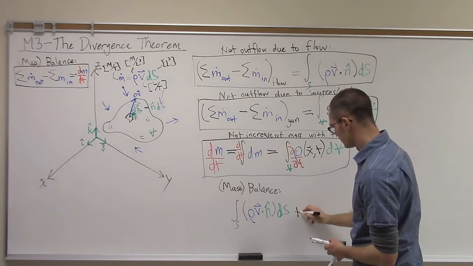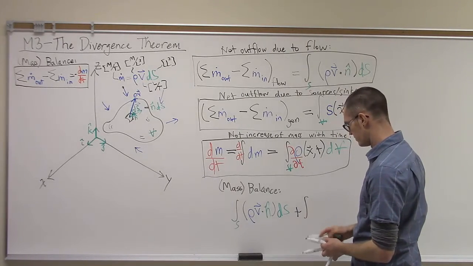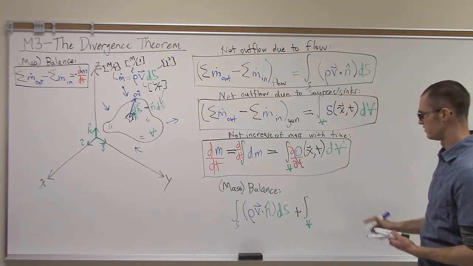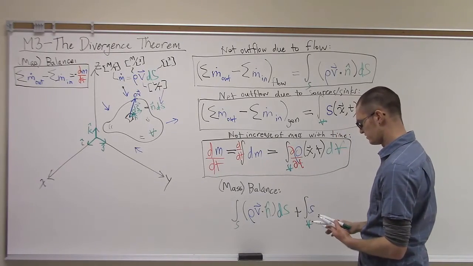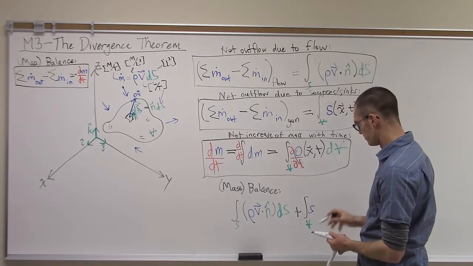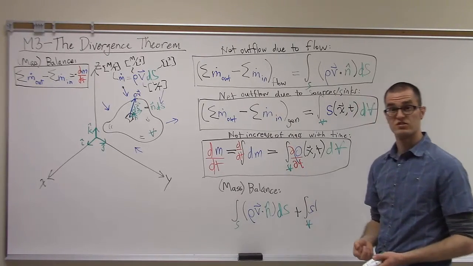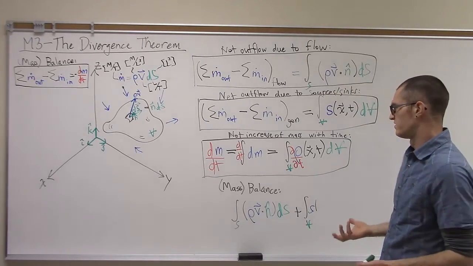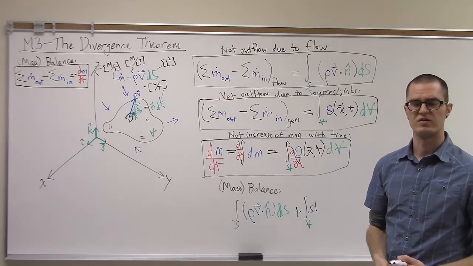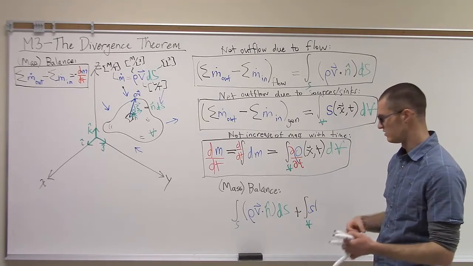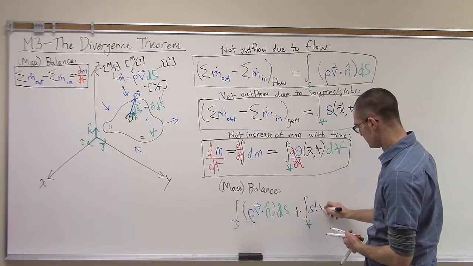Next we have the integral over the volume of any sources, say due to chemical reactions or any other source of the quantity that we're interested in within the volume. If it's energy flow or heat flow that we're interested in, this source could be, say, due to friction, the internal friction within the volume.